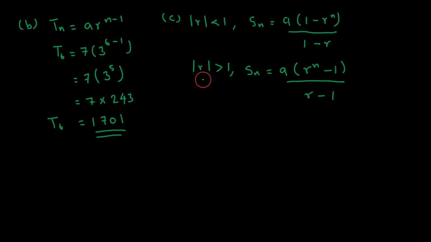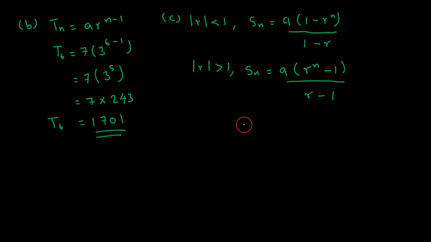So let's take a look at our common ratio. The common ratio was 3. The modulus of 3 is greater than 1. So we are using this second formula in finding the sum of the first 5 terms.